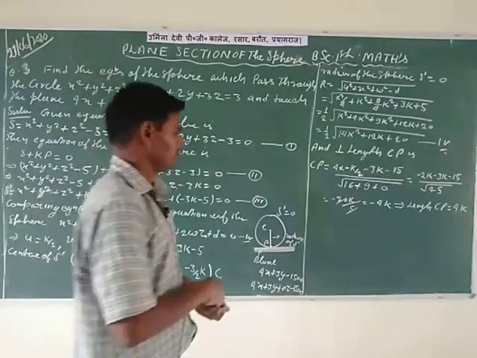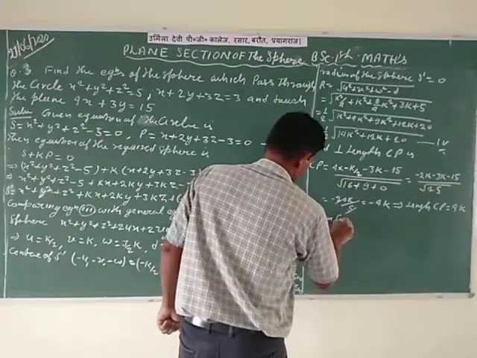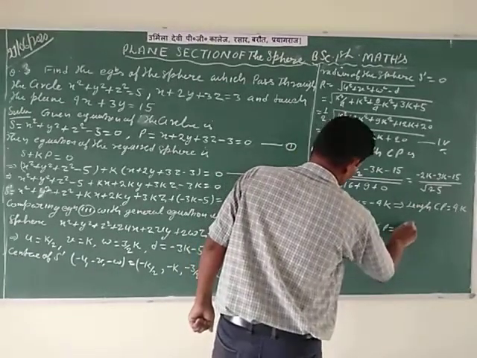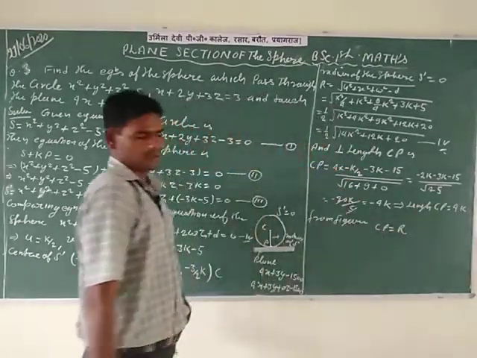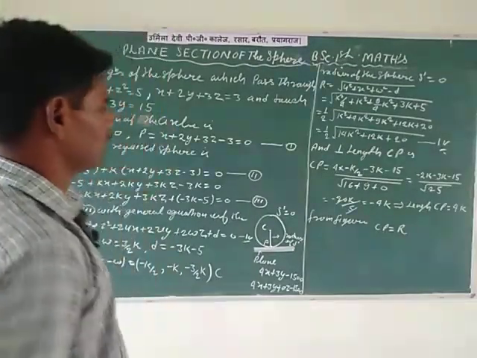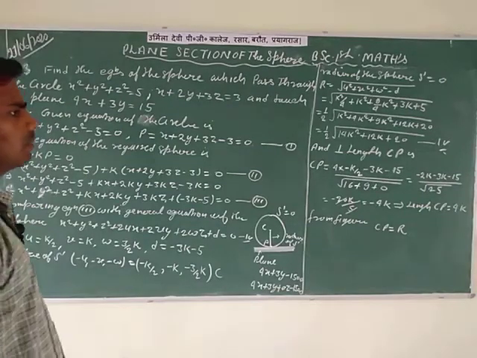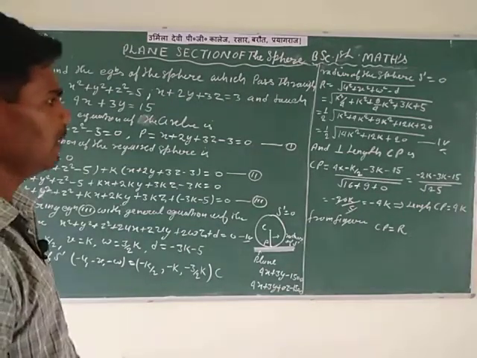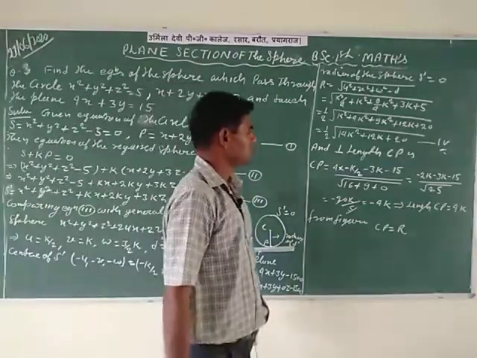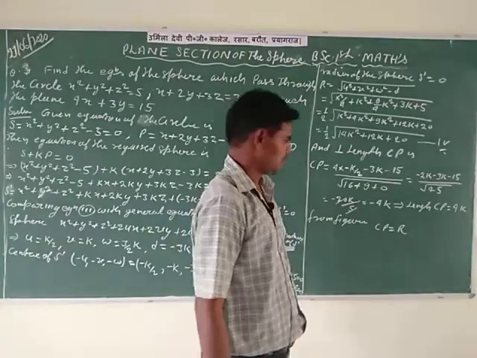So from the figure, CP is equal to radius capital R. Putting the values of R and CP from the above equations: CP is equal to 4k and R from equation 4 is equal to 1/2 times under root of 14k square plus 12k plus 20.